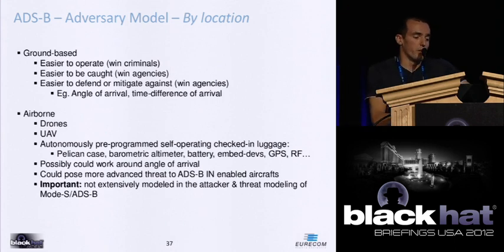However, during the risk assessment of this technology, not very much attention was given to airborne attackers. The idea is that airborne attackers are a very potential adversary, because the advanced technology in drones and UAVs has made tremendous advances in the last couple of years.